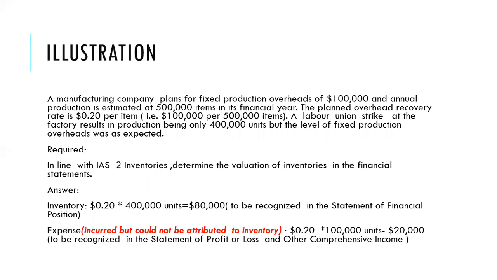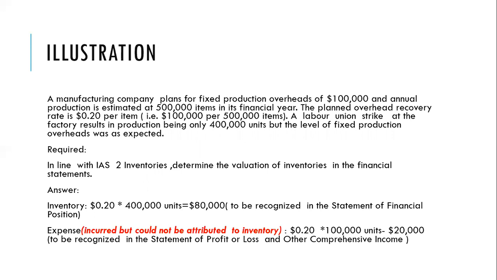Now let's look at this illustration on the allocation of fixed production overhead. We have a manufacturing company that plans for fixed production overhead of $100,000, and annual production is estimated at 500,000 items in its financial year.